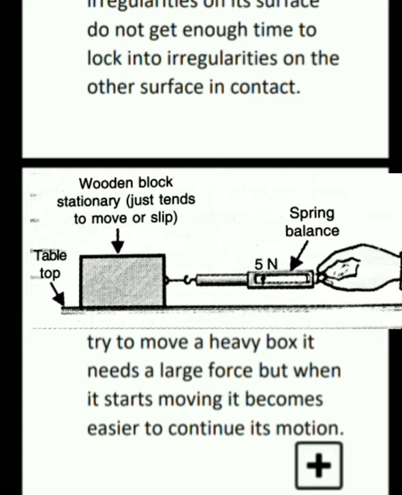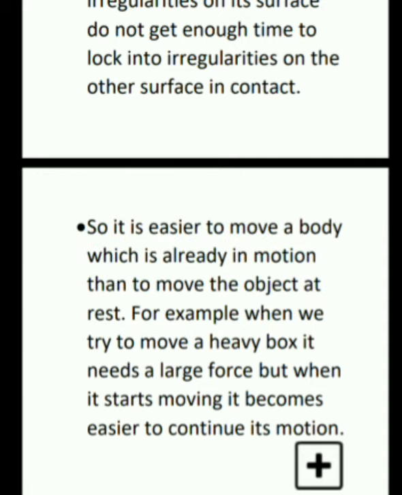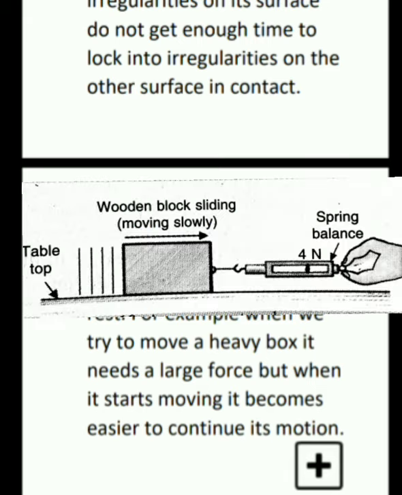There will act static friction because the body will not move. So static friction will act to resist the tendency of motion. But if we increase the force slowly, ultimately the wooden block starts sliding.